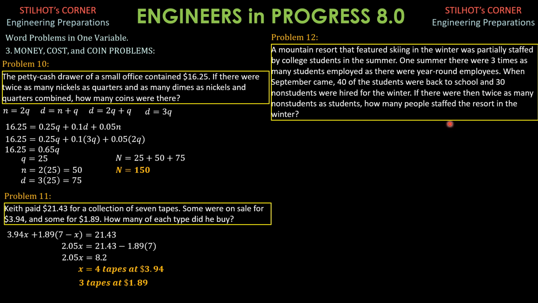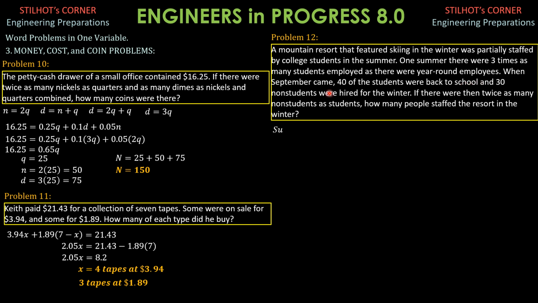So for the first statement, we call S the number of students staffing the resort during the summer, and non-students or year-round employees as E. And it is stated here that in one summer there were 3 times as many students employed as there were year-round employees.